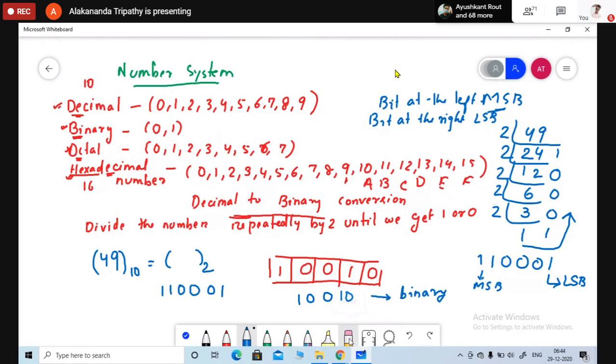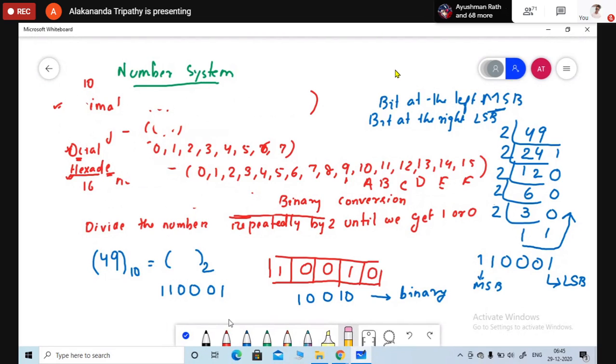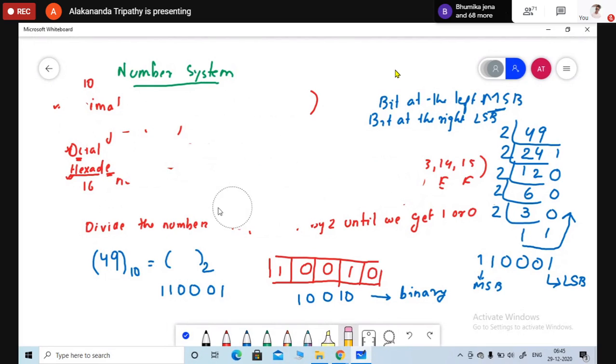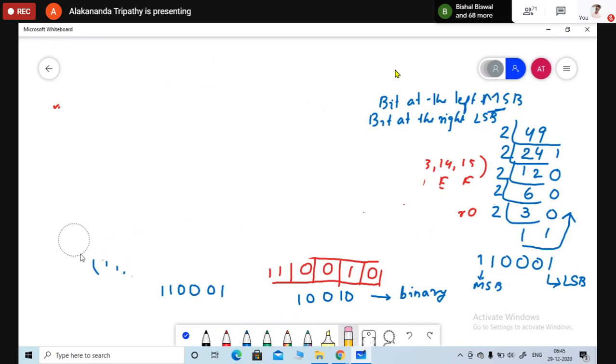Okay, next one is how we are going to convert the binary number to decimal. Here I am erasing this part. So we got here 1 1 0 0 0 1.